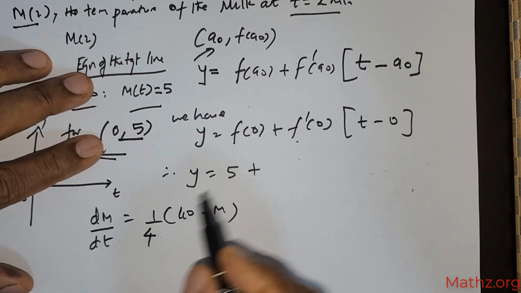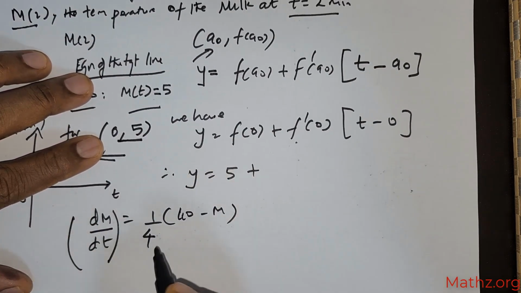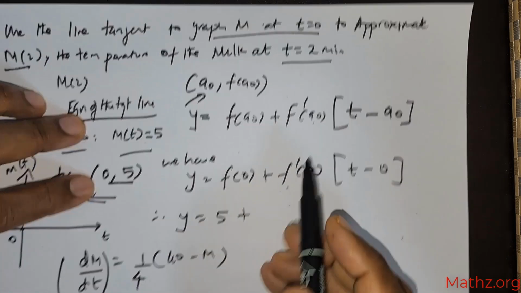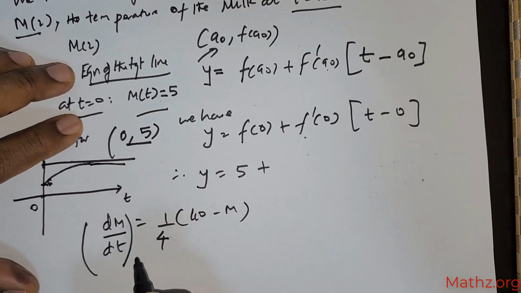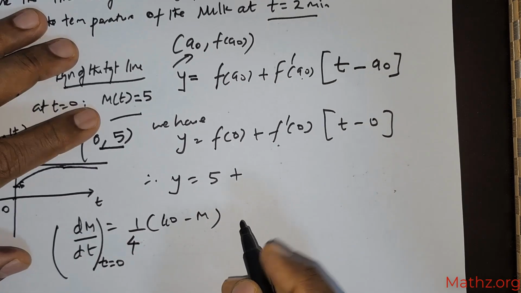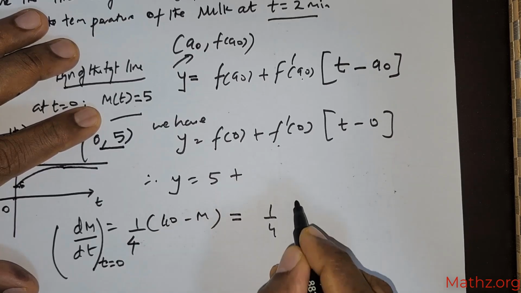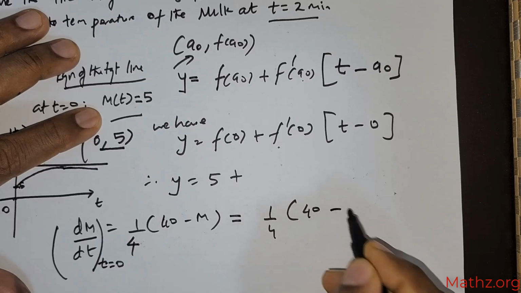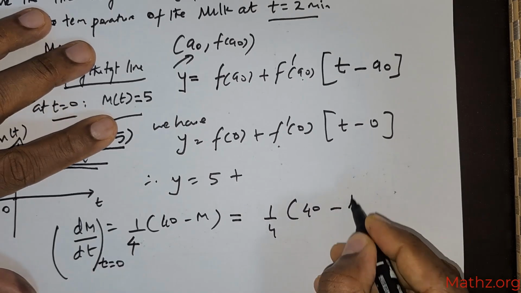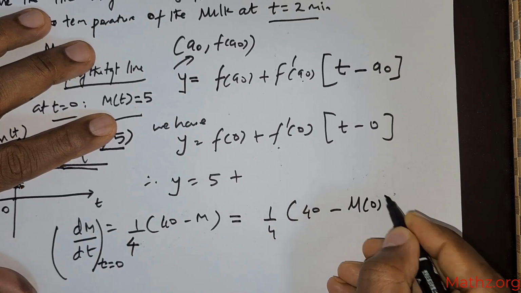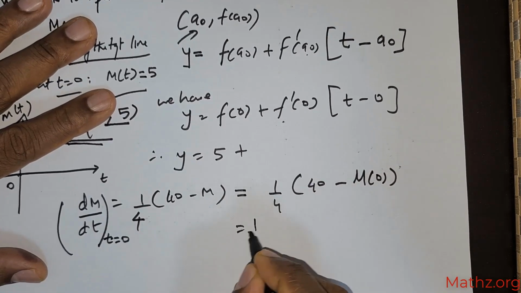Now we need to get this at a naught, which is t equals 0. So this is equal to 1 over 4 of 40 minus m, taking m at t equals 0. Let me make it a little clearer.